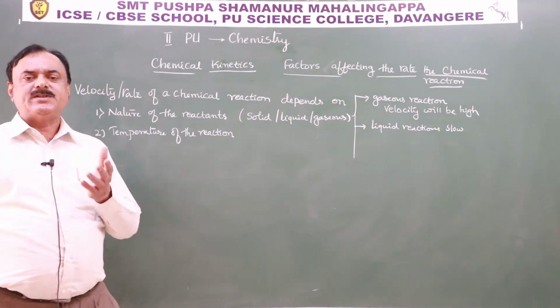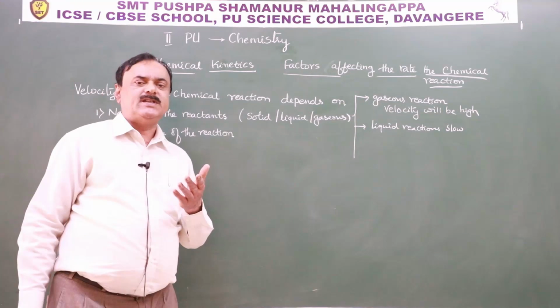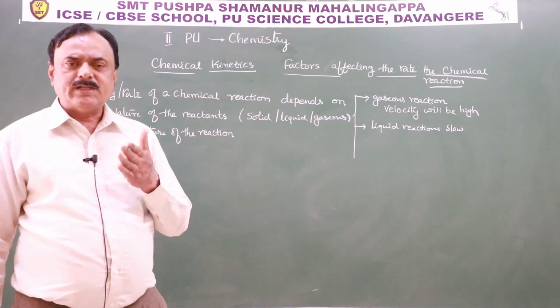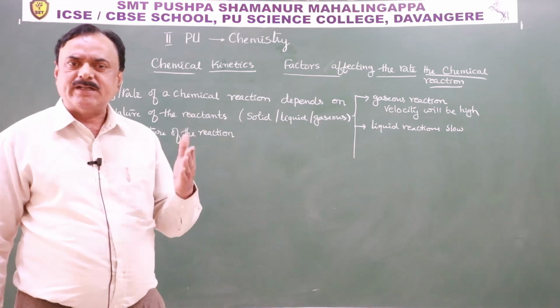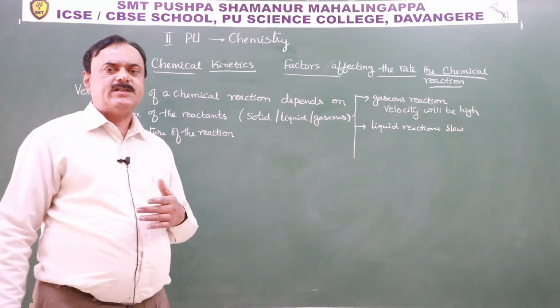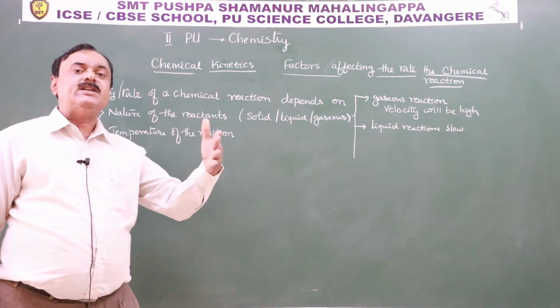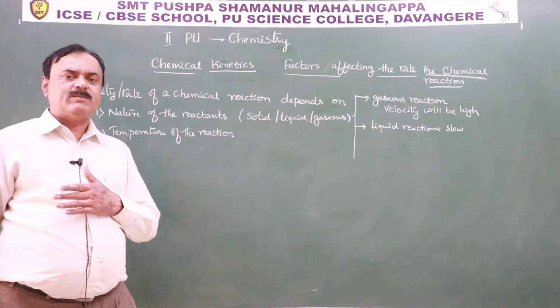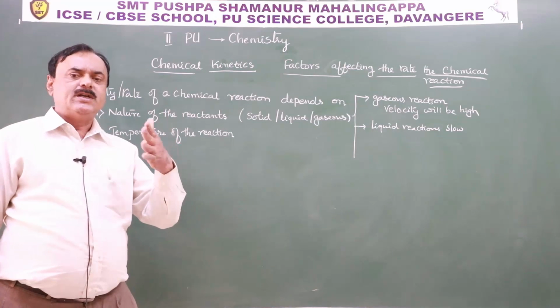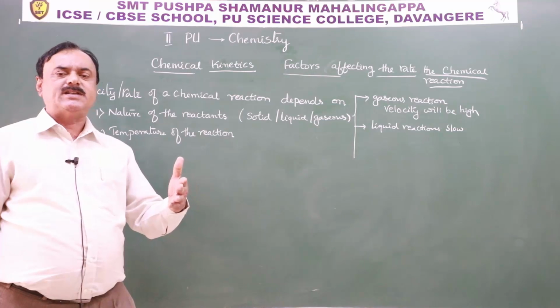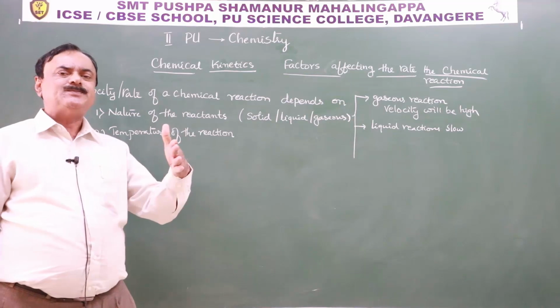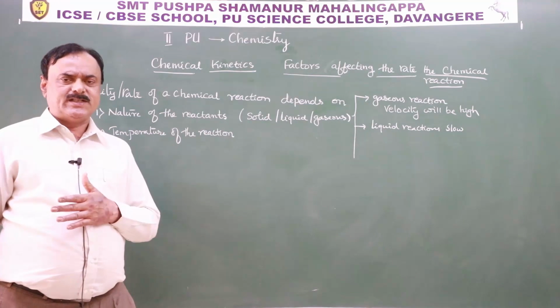Therefore, an increase in temperature increases the velocity of the chemical reaction due to the increase in kinetic energy. That also increases the number of activated molecules, and the number of effective collisions per second also increases, and hence the product also increases.